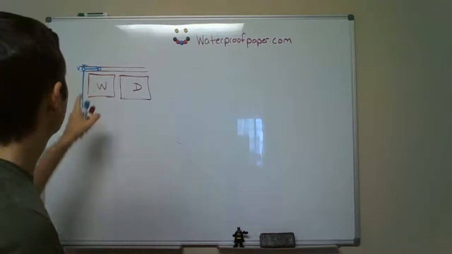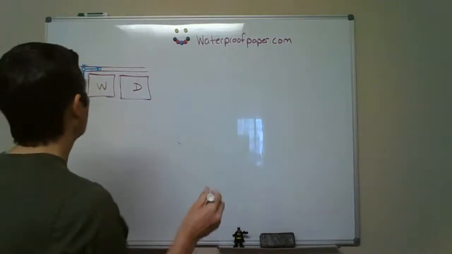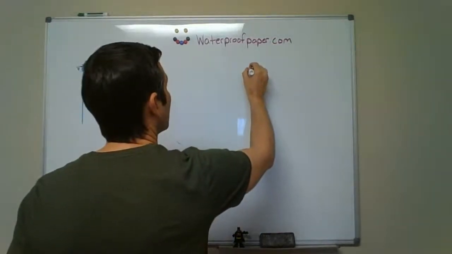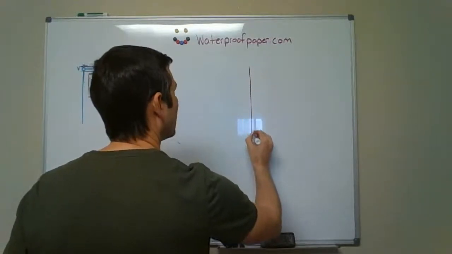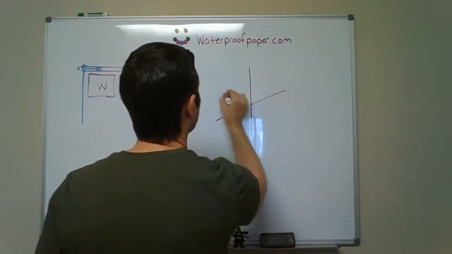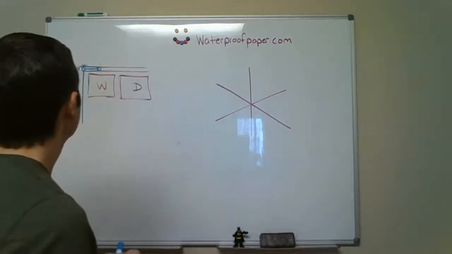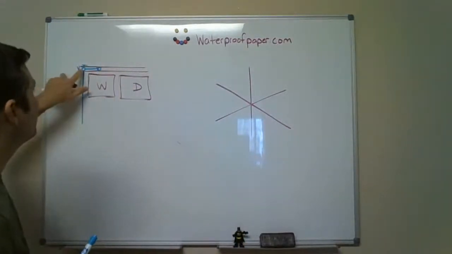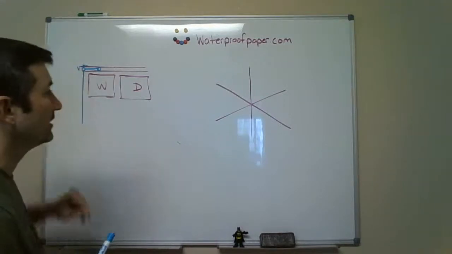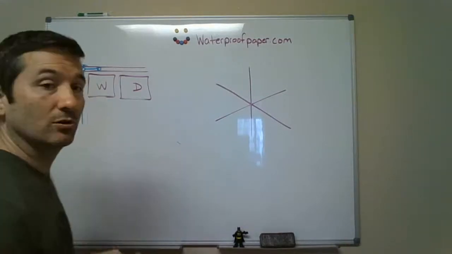So 4 different angles of a washer. Here's your grid pattern. Vertical with the 30-degree lines coming through it. So let's start with the main vent here right in the middle.